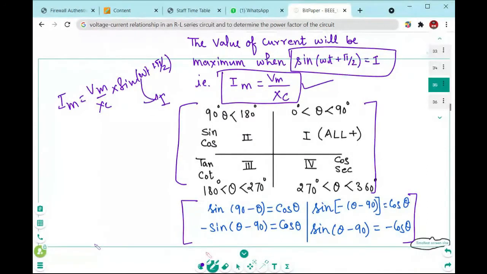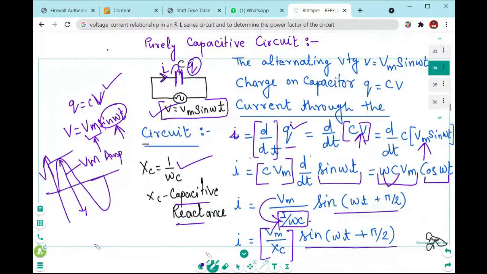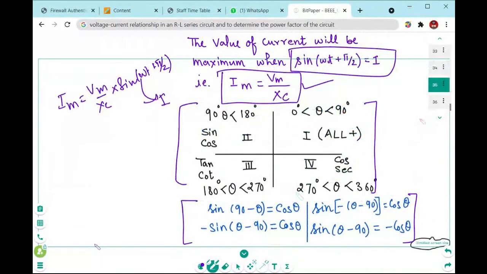So how will we get this cos of omega t to sine of omega t plus pi by 2? You can see right here, this is cos of theta, so cos of theta can be represented in different values. Okay, so you will put this value right here, and you can calculate the maximum when all the values are equal to 1.